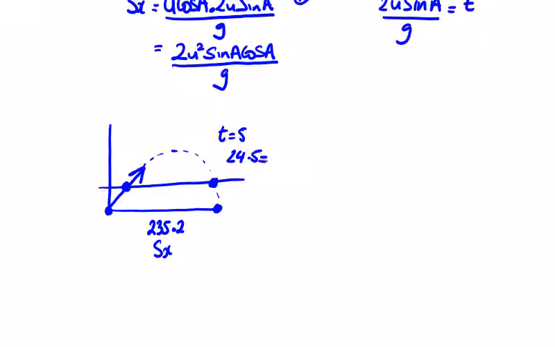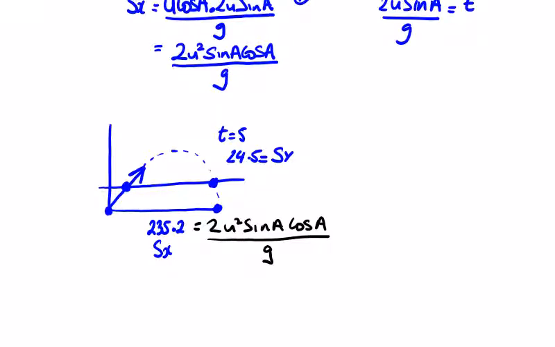24.5 is equal to the displacement in the y direction. So we've got sine, cos, and u, so we can get sine over cos and change it into tan. It might help us. So let's use S of x first. This is equal to 2u squared sine a cos a over g, or 9.8.